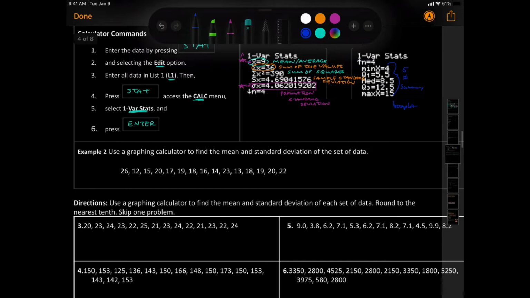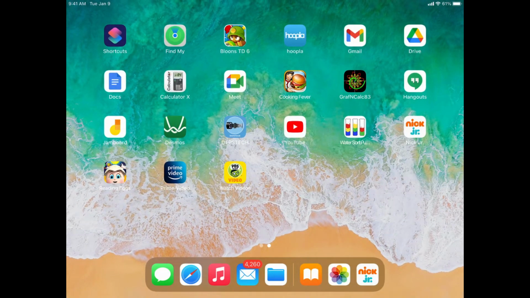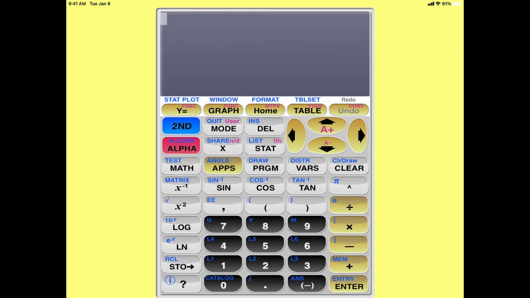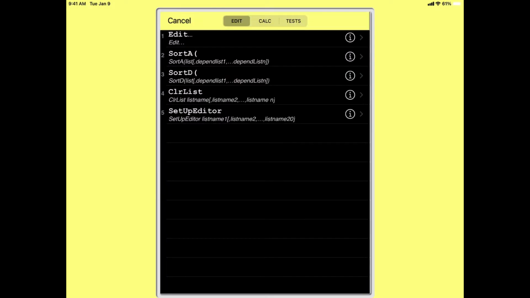All right, so let's do this example number 2 here. The first thing I'm going to do is go to my calculator, Graph and Calc 83. I'm using the iPad, and I'm going to press Clear on the far right there, and then press Stat, which is next to the left arrow key.